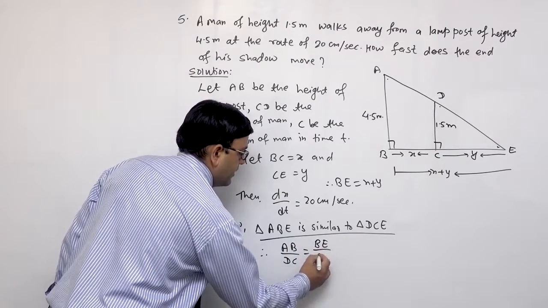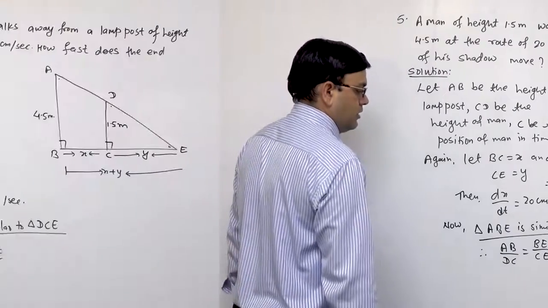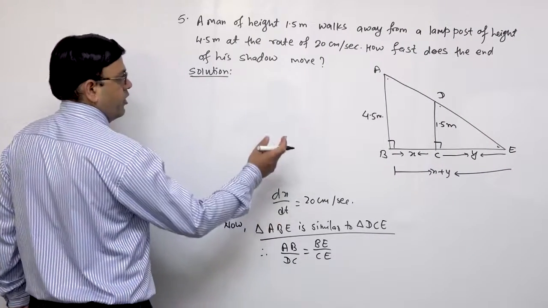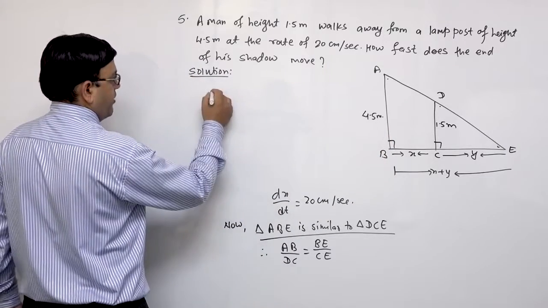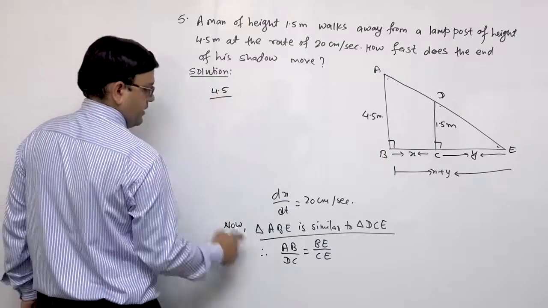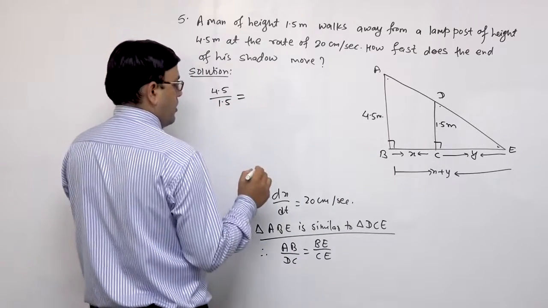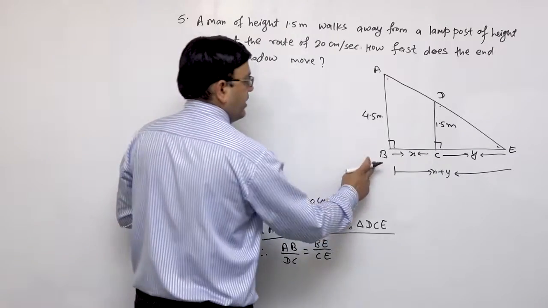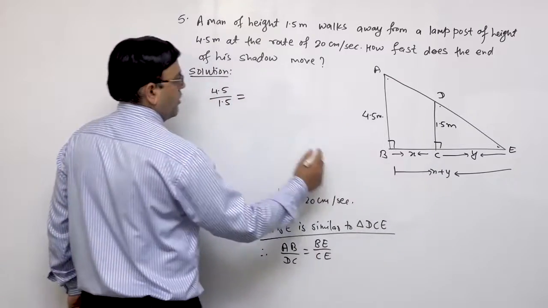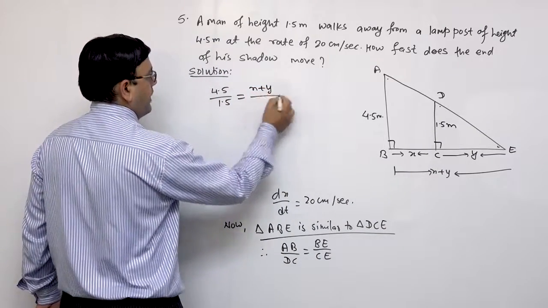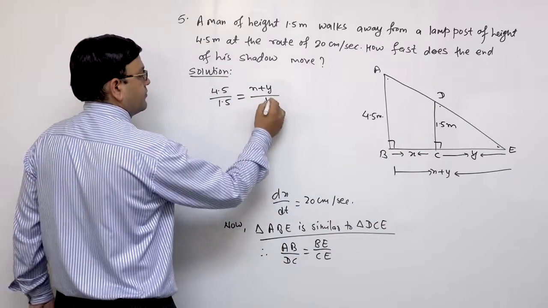Let's put the values here. AB is 4.5, so we can write 4.5 by DC, which is 1.5, is equal to BE, which is x plus y, by CE, which is y.